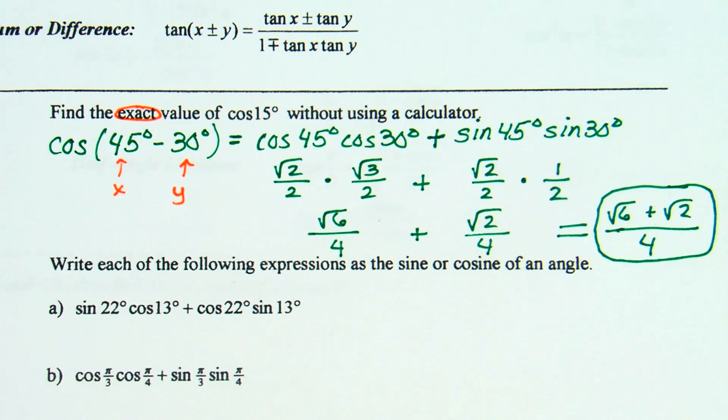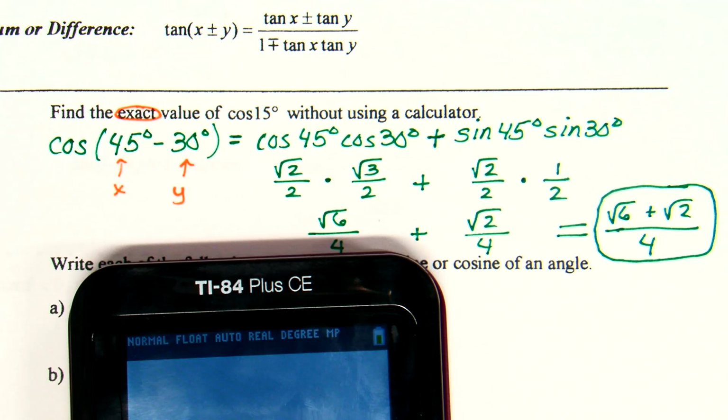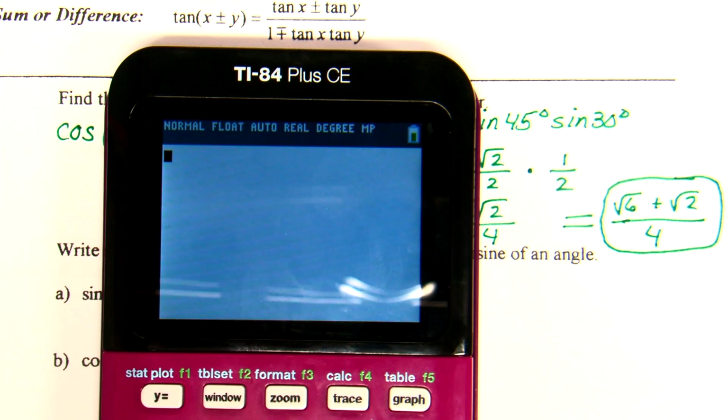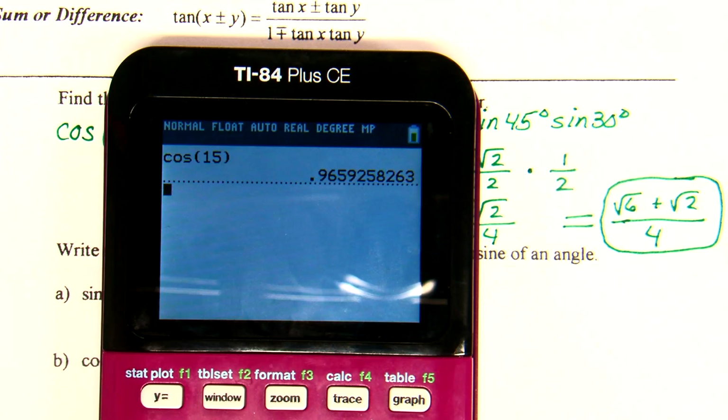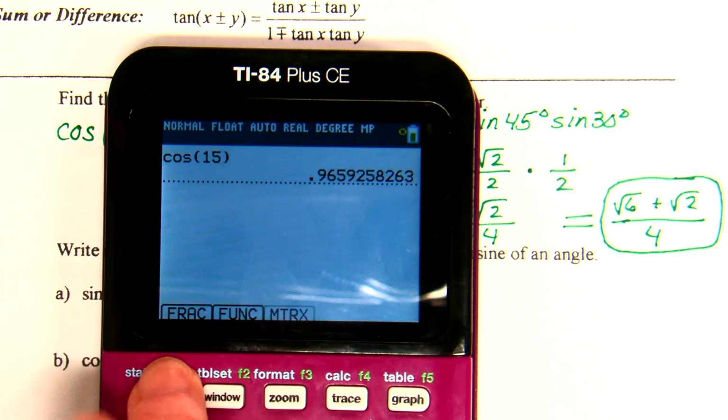It said without using a calculator. I'm using my calculator just to show you a check option. On my calculator, cosine of 15 degrees. Notice I put my calculator in degree mode. If I do cosine of 15 degrees, my answer is that lovely decimal. Now, how do I check myself? Well, you do square root of 6 plus square root of 2 and then divide it by 4.